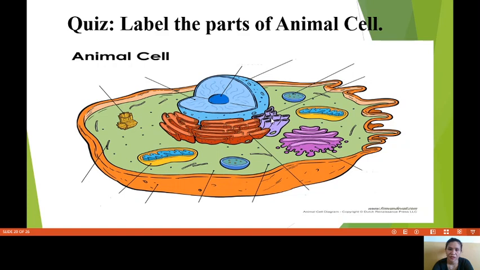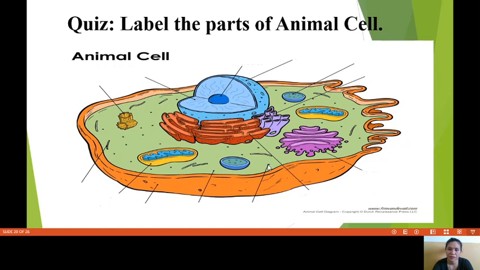This is your smooth endoplasmic reticulum. This is your rough endoplasmic reticulum. And this is your Golgi complex or Golgi apparatus.